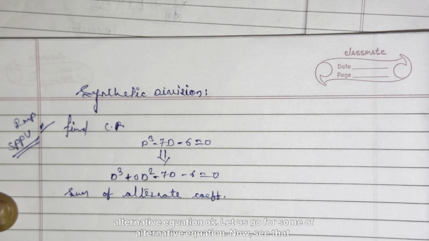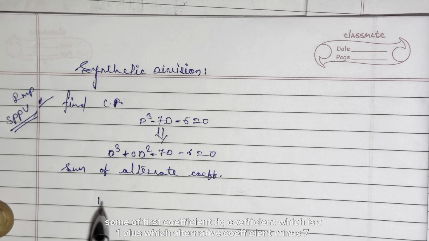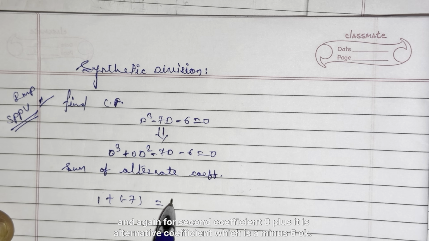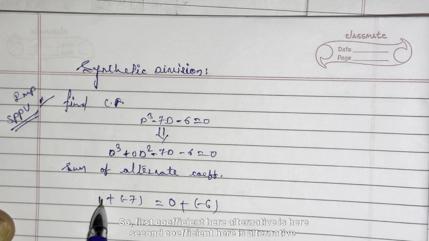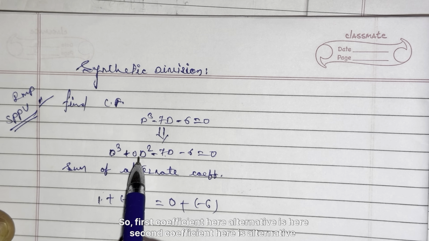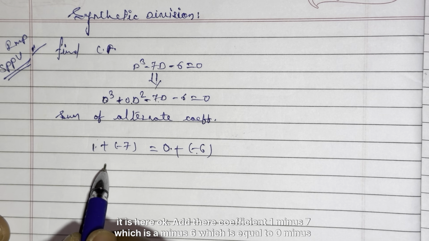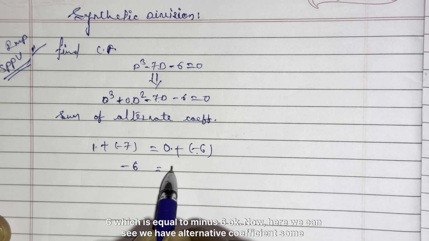Okay, let's go for the sum of alternate coefficients. Now see that the first coefficient, the d cube coefficient which is 1, plus its alternate coefficient minus 7, and again the second coefficient 0 plus its alternate coefficient which is minus 6. Okay, add their coefficients: 1 minus 7 is minus 6, which is equal to 0 minus 6, which is equal to minus 6.